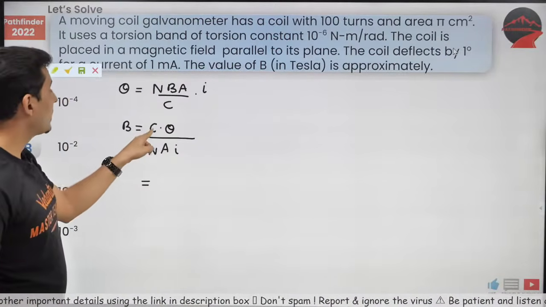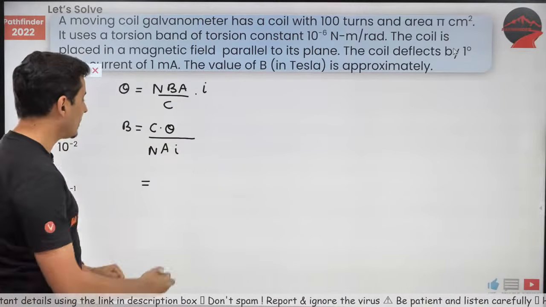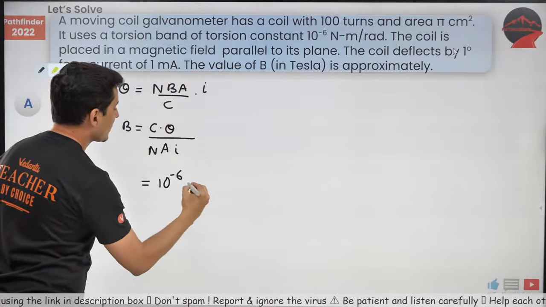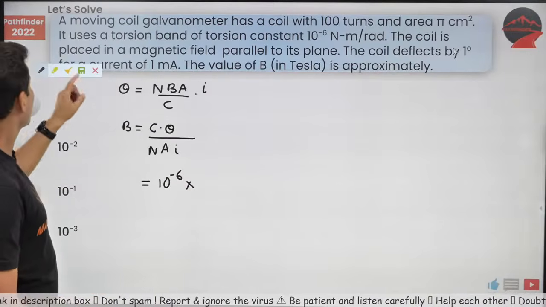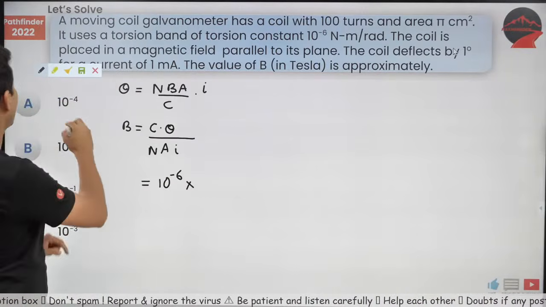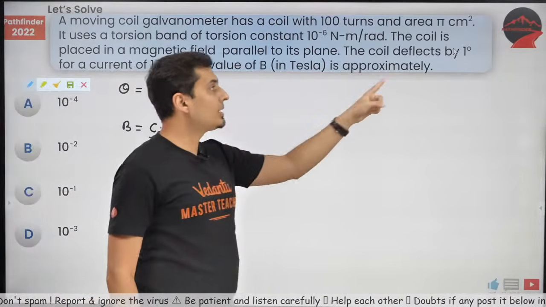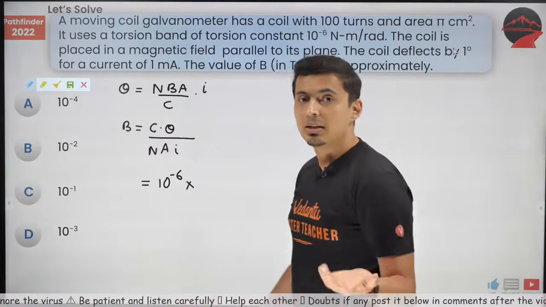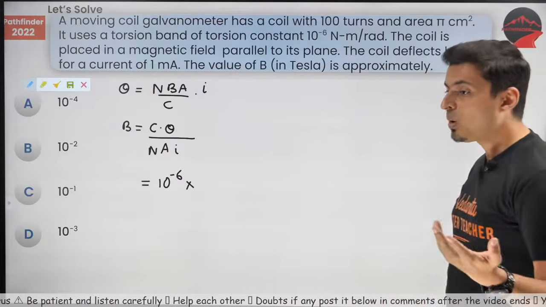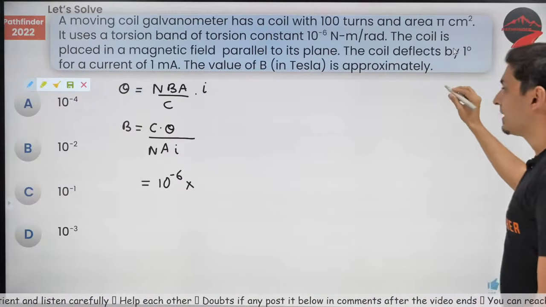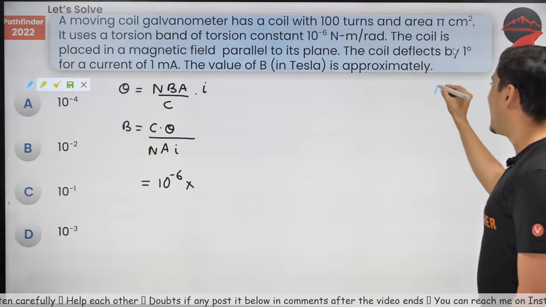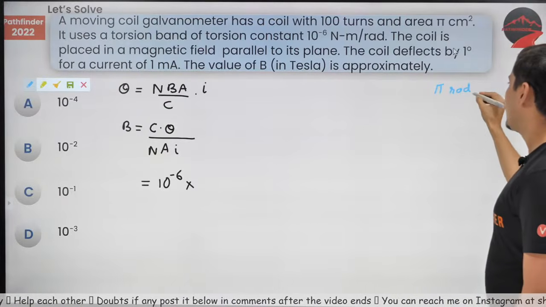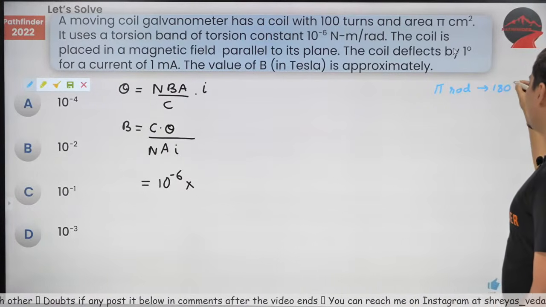So what is the value of torsional constant? Torsional constant is 10 to the power minus 6. What is theta? Theta is 1 degree. Be careful. 1 degree. How much radian is 1 degree? Think about it. Come on. What are you going to do? So first thing that you need to do is, pi radian is 180 degrees.